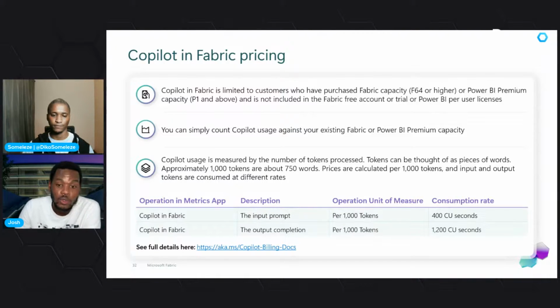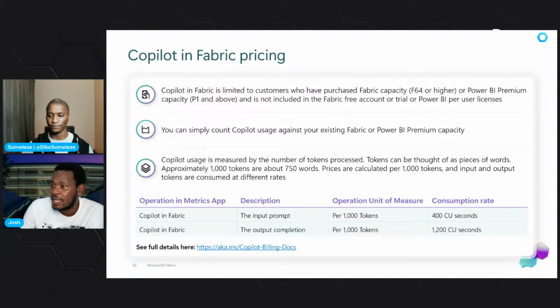And it's important to note that the Copilot service is not included in the free trial for Microsoft Fabric or the Power BI per user licenses as well. On top of that, you can easily monitor Copilot usage against your existing Microsoft Fabric or Power BI Premium capacity. And this really simplifies the process of managing your resources.